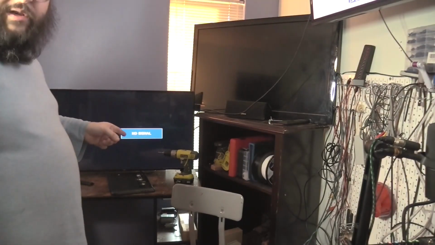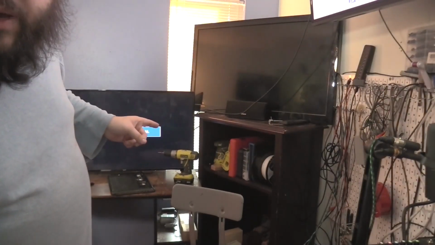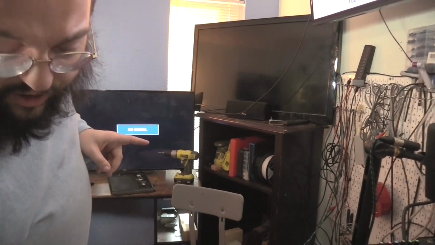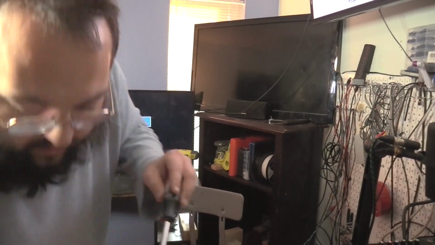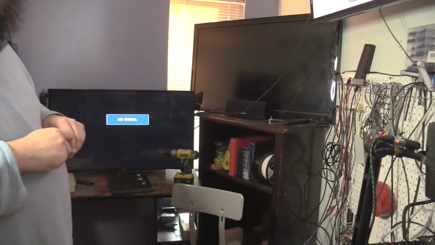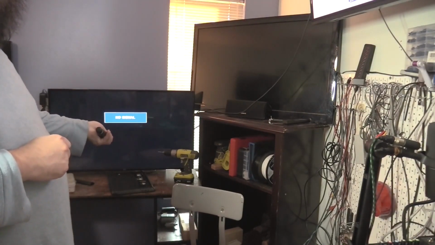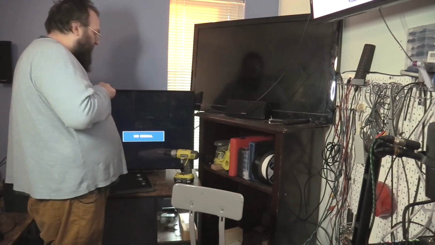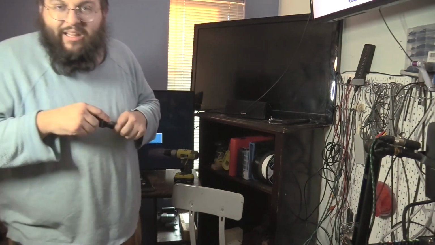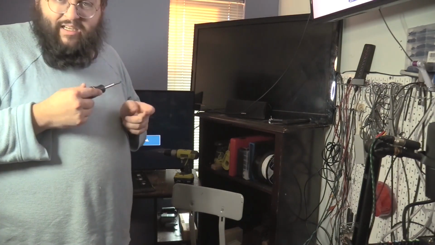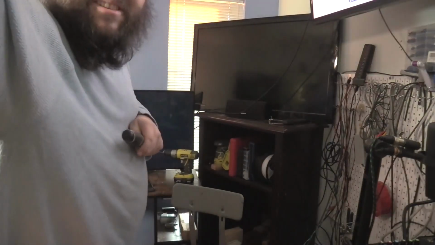Here's the monitor in question. Let's short the switch leads so we can get some power. Okay, we're on. We're looking at this monitor now. Big fat nothing. Okay, great. Now let's think.